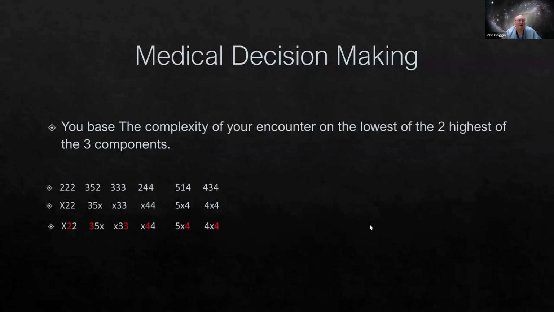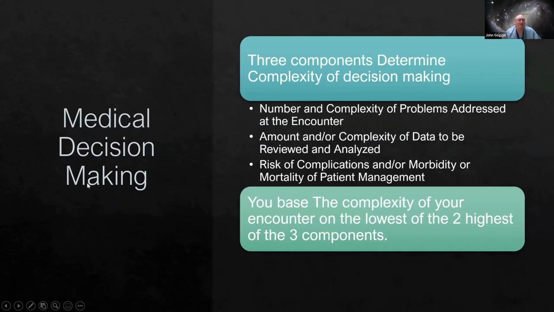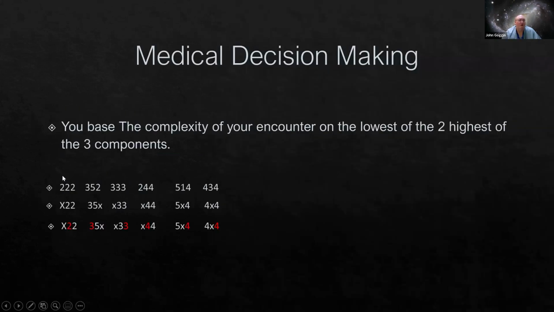And this next slide hopefully will clarify that. So if, for instance, you had a patient who you've calculated to be a level 2 on the number and complexity of problems, a number 2 on the amount of data, and a number 2 on risk, you could drop the lowest and you'd be left with only 2 numbers, and then you'd pick the lowest of the 2. In this case, they're the same.